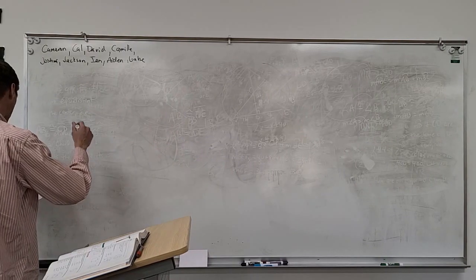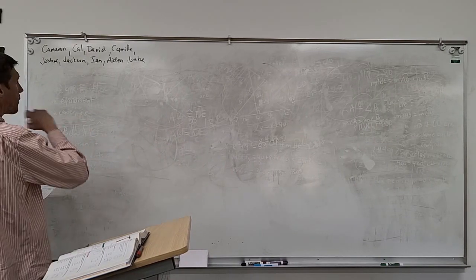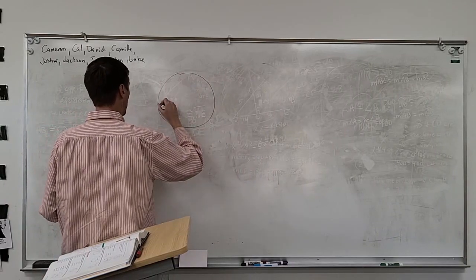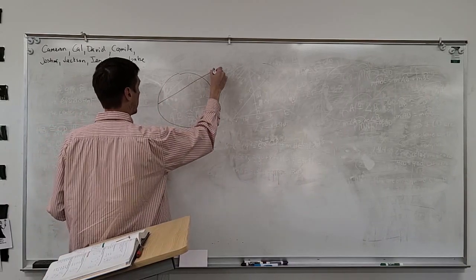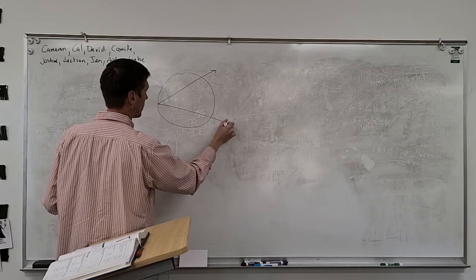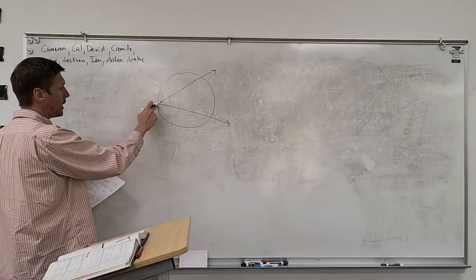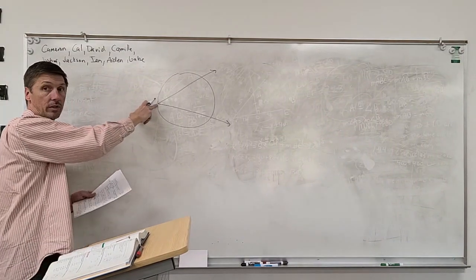So an inscribed angle looks like this. You've got a circle and you've got a point. You've got an arc that's created by an angle whose vertex is over here on the other side of the circle.